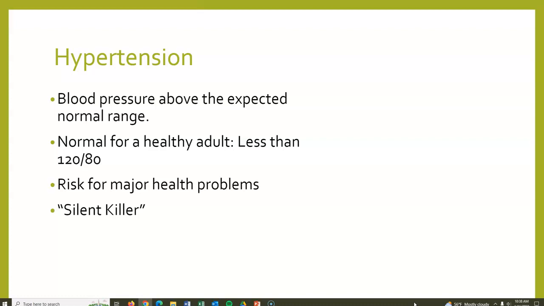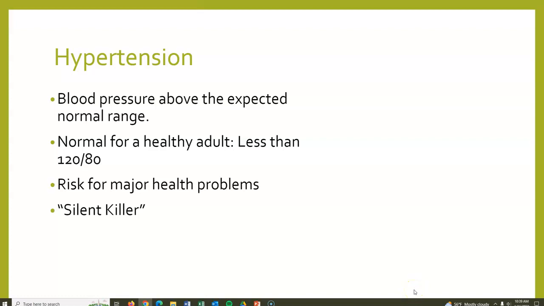We've touched on this with white coat syndrome, or if someone's in pain, they have anxiety, etc. But to be diagnosed with hypertension, someone would have to trend their blood pressure and then report back to their primary care provider, who would look at that trend and see if it's been elevated consistently. Normal for a healthy adult is less than 120/80.